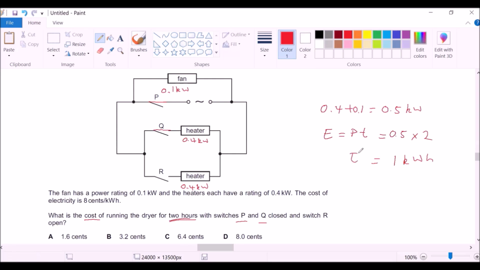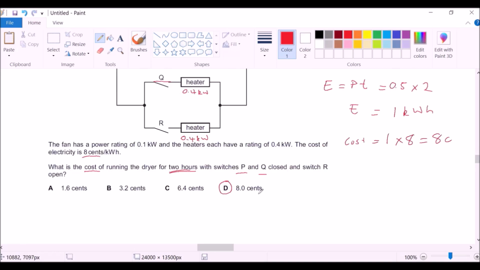So our energy is 1 kilowatt hour. The cost is 8 cents per kilowatt hour. So cost is energy consumed, which is 1 kilowatt hour, times the cost per kilowatt hour, which is 8 cents. So our cost will be 8 cents. So our answer is D.